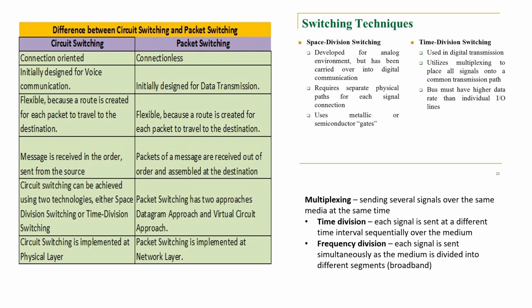And there are two predominant ways to achieve this. One, we can divide up the medium into separate channels so that we can send signals or data in parallel. Or we can use the entire capacity of the medium at an instant in time, but then we separate the data being transmitted via time intervals, meaning at time interval 1, device 1 would send, at time interval 2, device 2 would send, and so on.